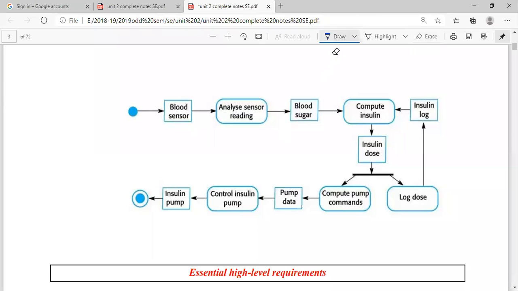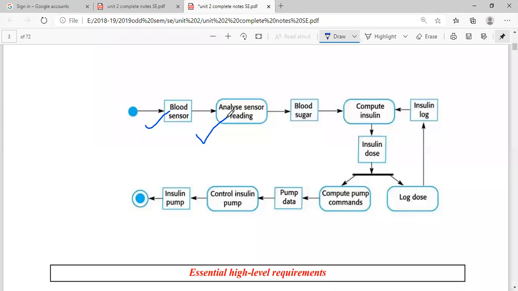See how this activity diagram works. The blood sugar levels are measured by the blood sensor. After that it analyzes the sensor reading. It compares the old readings of a patient with the recent readings.